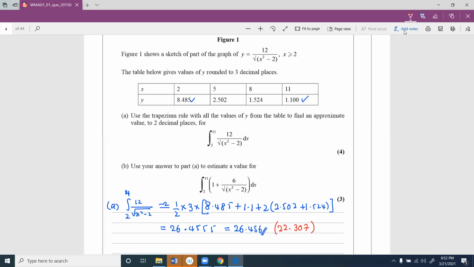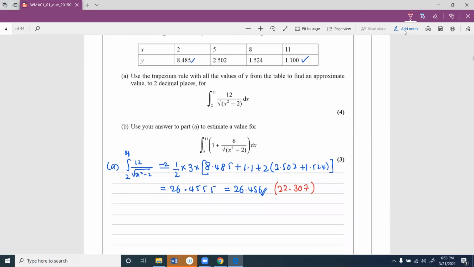This is not exactly incorrect since it's an approximation, but anyway, it's better to recheck this answer. 1.5, let me check it again. 8.485 plus 1.1 plus 2 times open bracket 2.502 plus 1.524, close bracket, close bracket. Yeah, 26.455, so can't help. So that is the answer. Since it's an approximation, that is the answer.